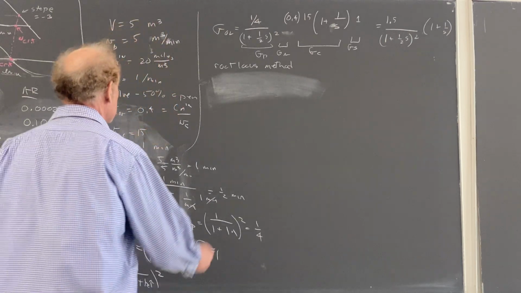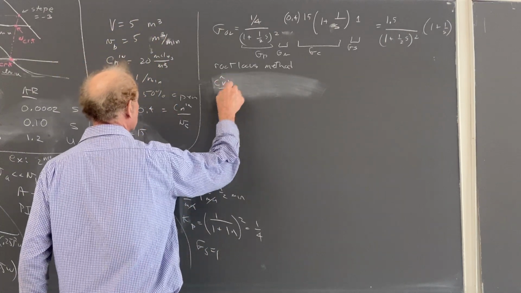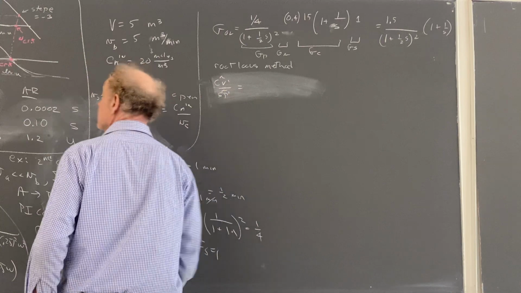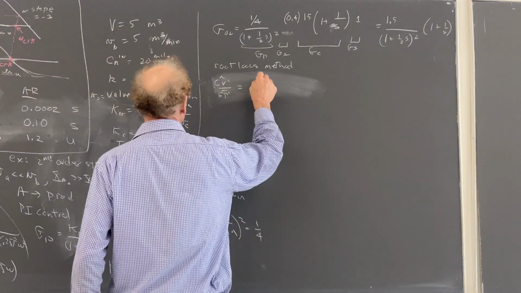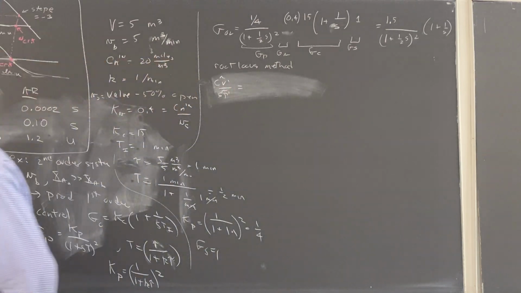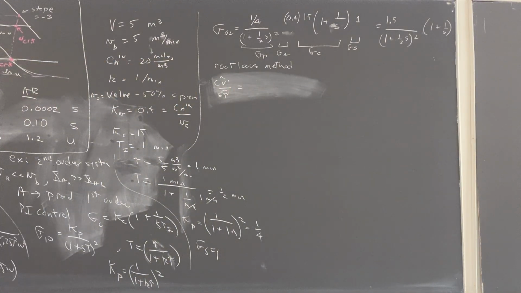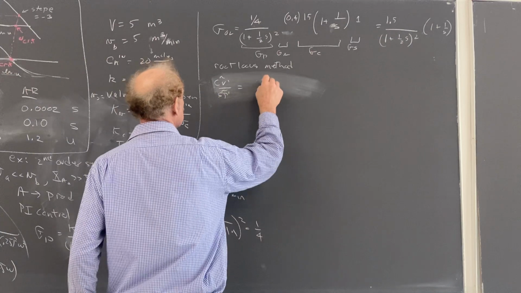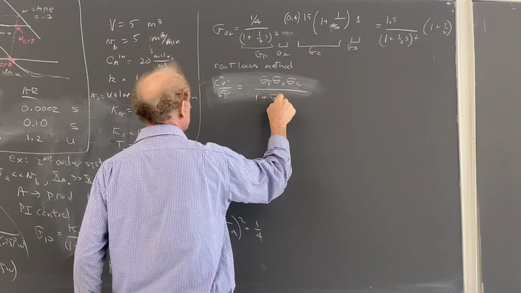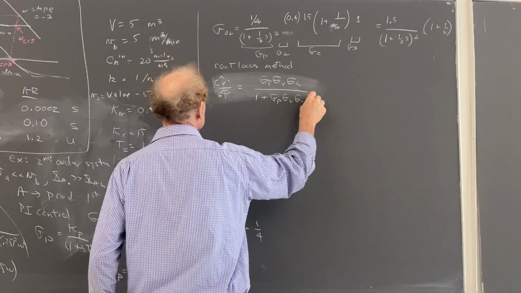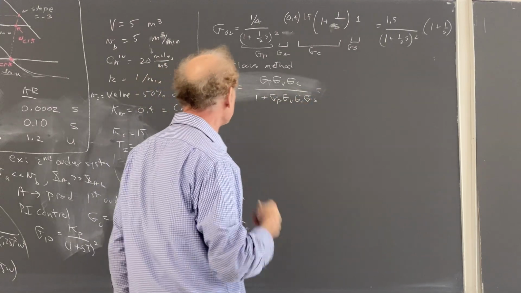So let's look at CV prime over SP prime. And this is equal to G open loop, well, Gp, Gv, Gc over 1 plus Gp, Gv, Gc, Gs. And let's see what I get here.